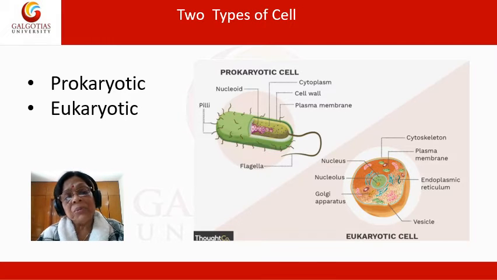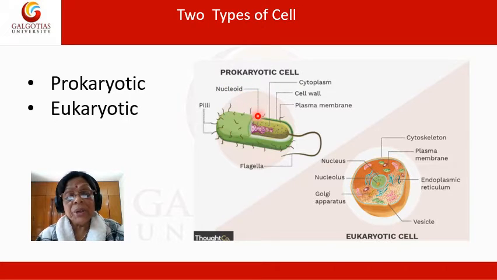Now there are two types of cells, prokaryotic and eukaryotic cells. Prokaryotic cells are the primitive type of cells, and eukaryotic cells are present in the higher organisms. So this is the structure of the prokaryotic cell, and this is the eukaryotic cell. In prokaryotic cells we can see the flagella, plasma membrane, cytoplasm, and nucleus.